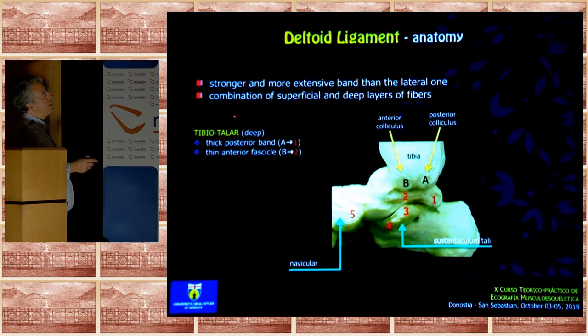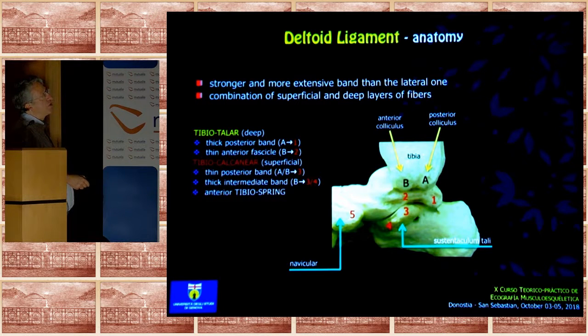The tibio-talar, that is the deep fascicle we saw before, joins this part of the medial malleolus with the posterior part of the medial part of the talus, as you can see here. But there are also small fascicles starting from B and going here to insert into the talus again. Much less important, but you can see it.